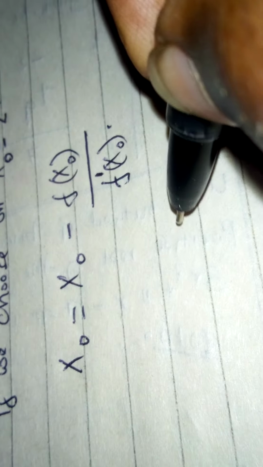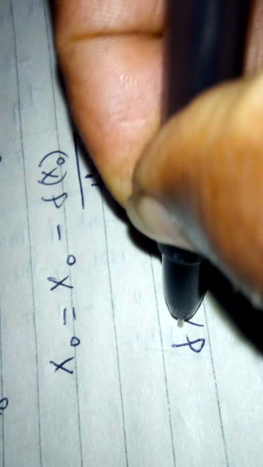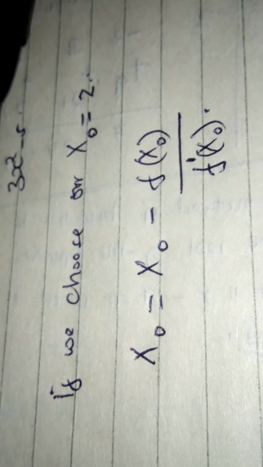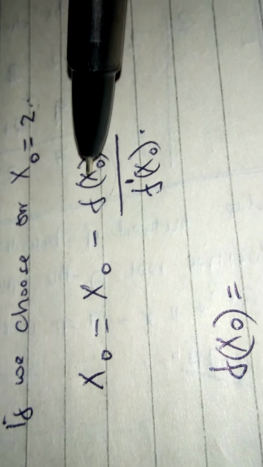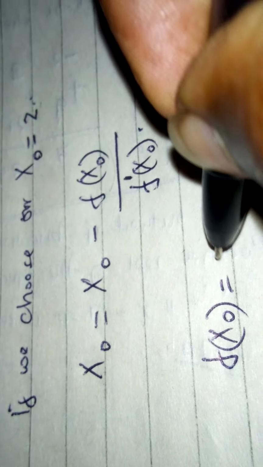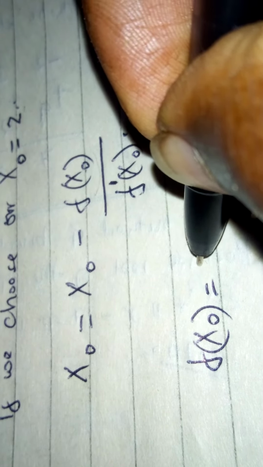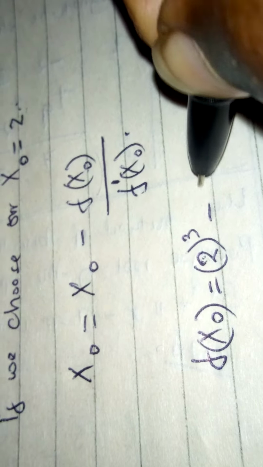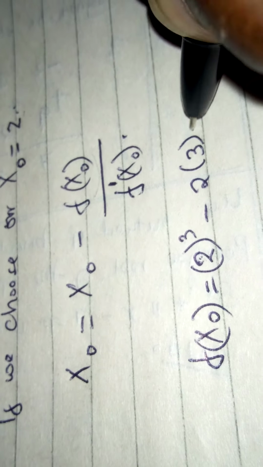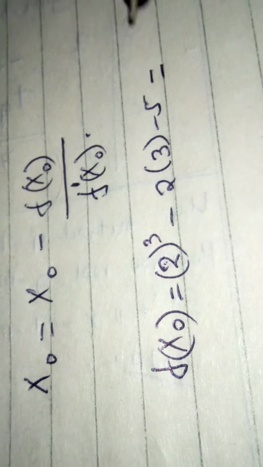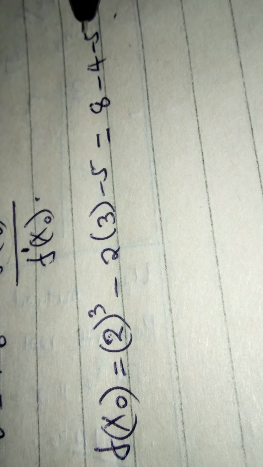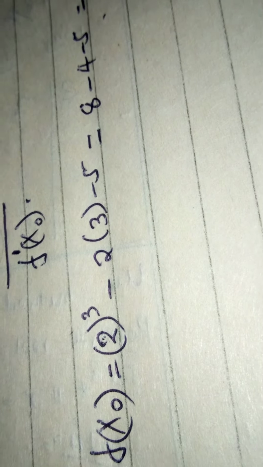So in our case here, our f of x naught will be replacing 2 in our equation here. It will be 2 cubic minus 2 into 2 minus 5, which will be 8 minus 4 minus 5, which is equals to negative 1.